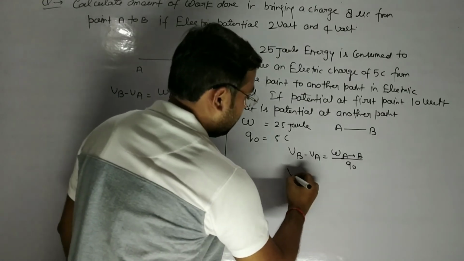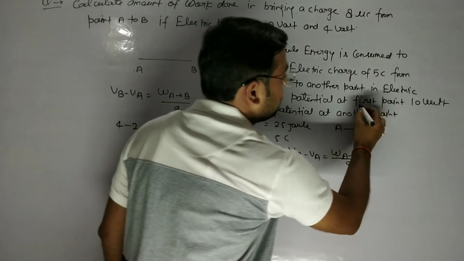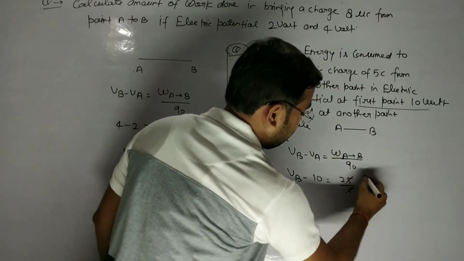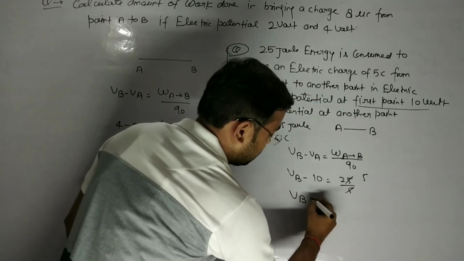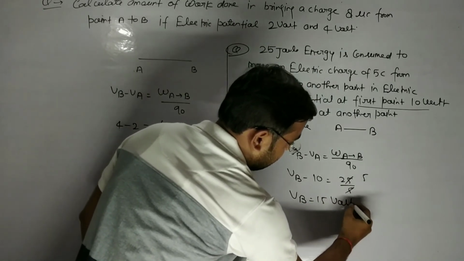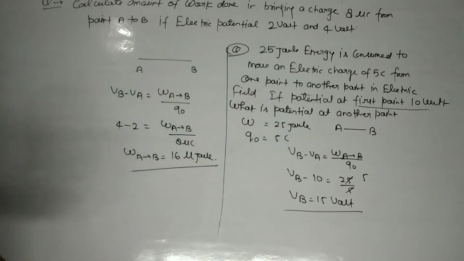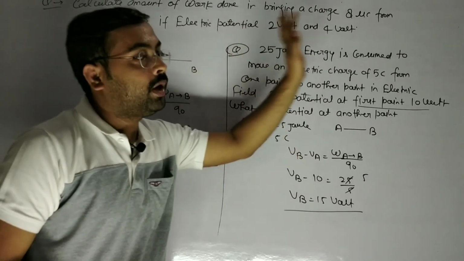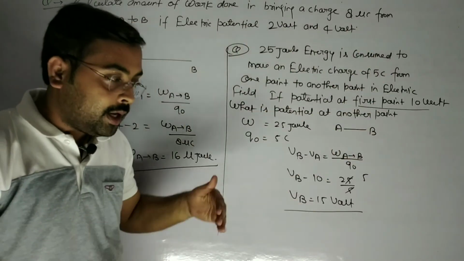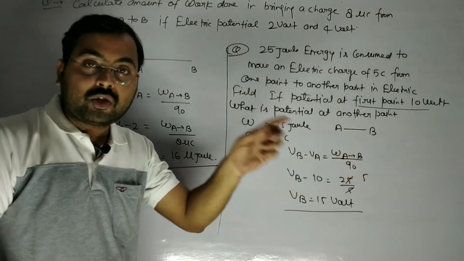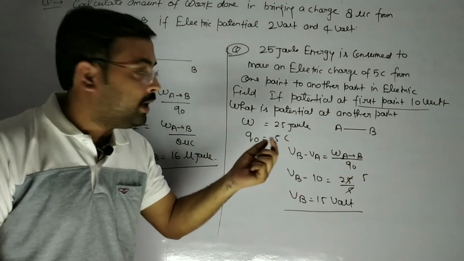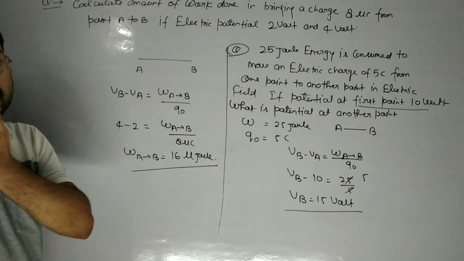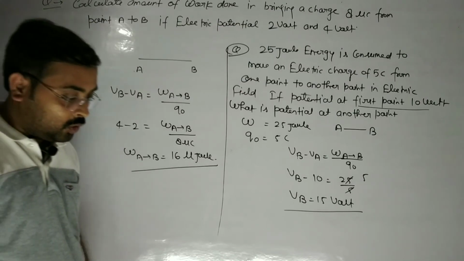VB minus VA, first point 10, W 25, 5 5s are 25. So VB is 15 volt. The potential at the second point VB is 15 volt. From one point to another point, A to B, the external agent is working A to B, so VB minus VA equals W A to B upon Q naught. Note it.